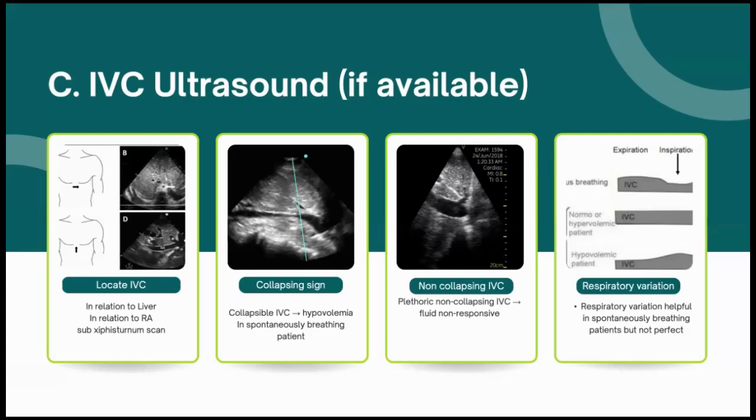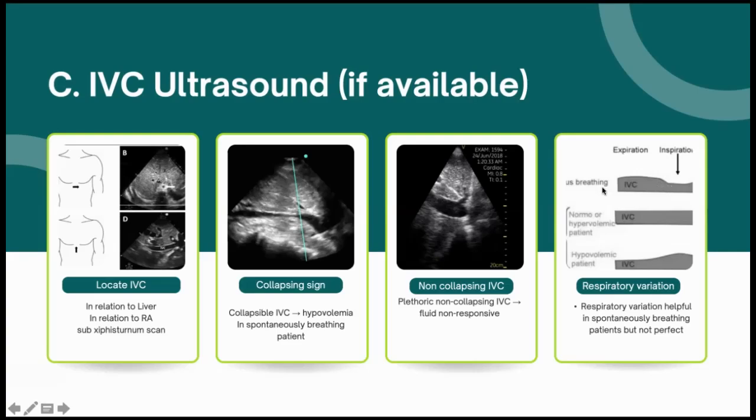Those are basic ultrasound skills we all have to do. We can't wait for a cardiologist to come and do the scans for us. Then the respiratory variation: you can see there is spontaneous breathing, and during inspiration you will see a collapsing IVC.